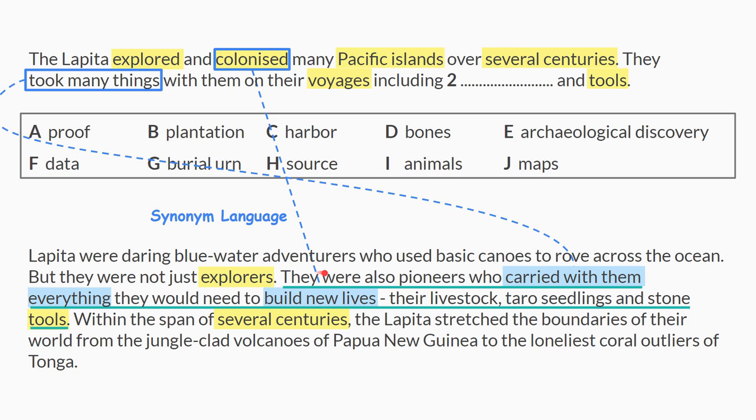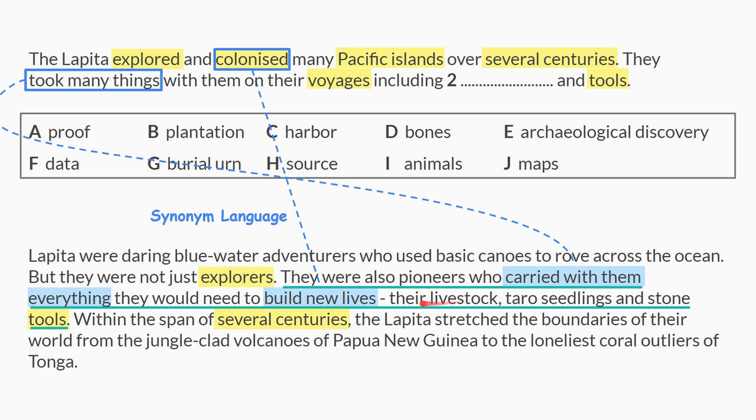It says, they were also pioneers who carried with them everything they would need to build new lives: their livestock, taro seedlings, and stone tools. Alright, well, the question says they took many things with them on their voyages, including dash and tools. Okay, so we know that they took seedlings, stone tools, and what else? What else did they take?